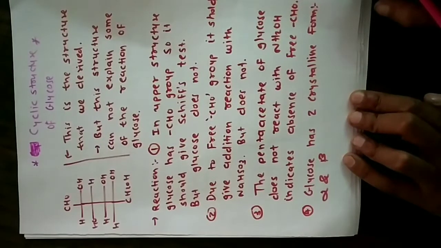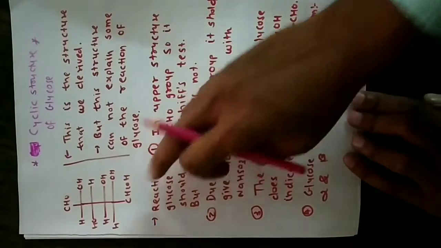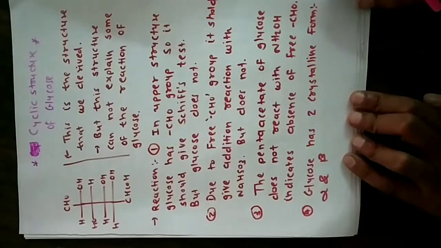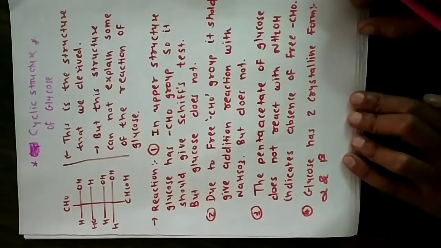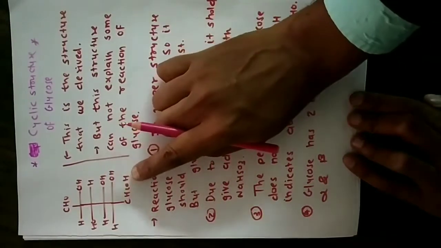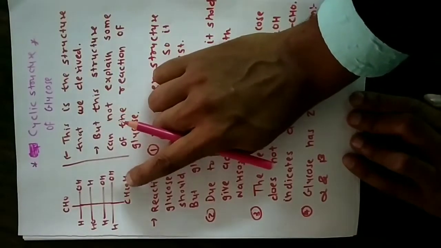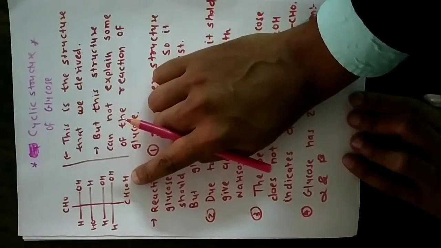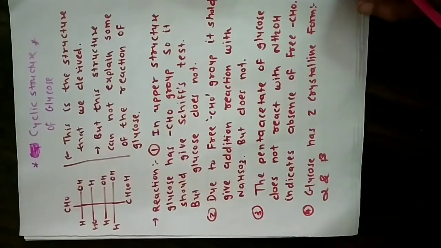Now, this structure of glucose explains some reactions of glucose, but some other reactions can't be explained by this linear structure. For that, we have to derive another structure of glucose, meaning another isomer of glucose.